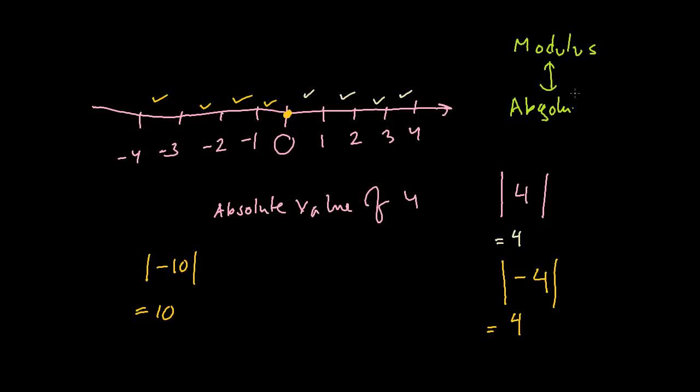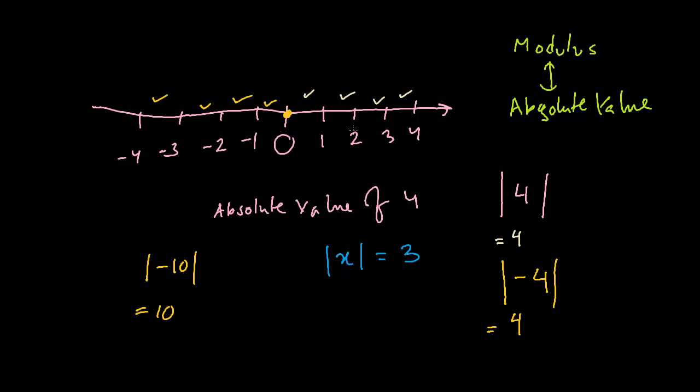So what do we do when we think about solving equations that have absolute values in them? Well, first you have to understand what that means. When I say the absolute value of x equals 3, that means the original number x could either be on the left hand side of the origin on the number line, or it could be on the right hand side.